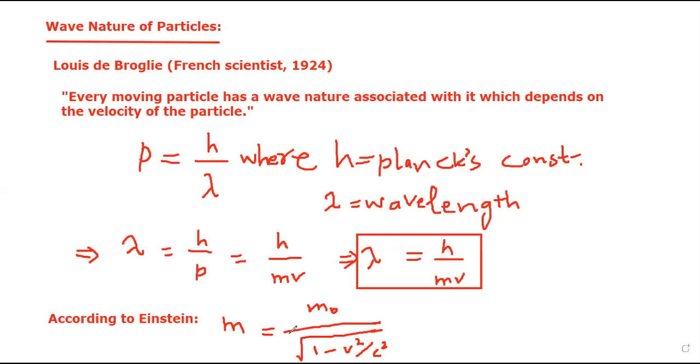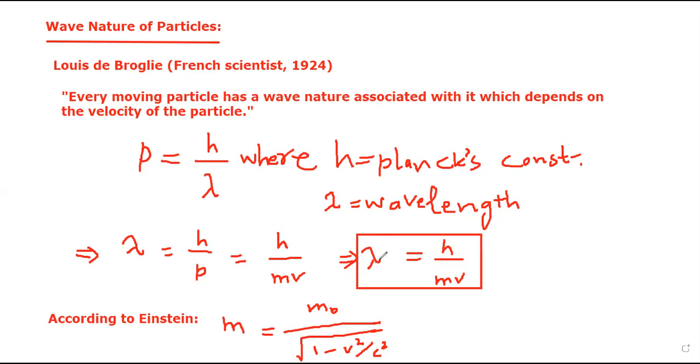From here we are also trying to explain how this lambda has been produced. Practically, the mass is going to be converted into lambda.